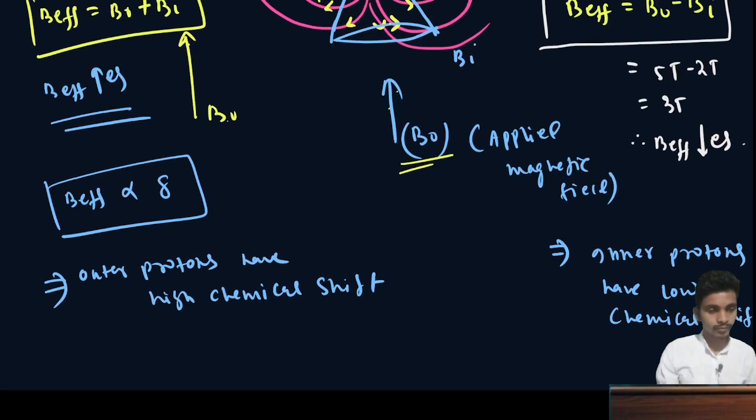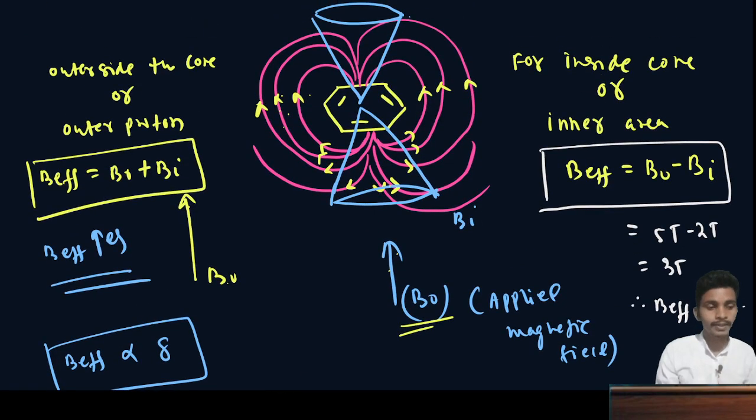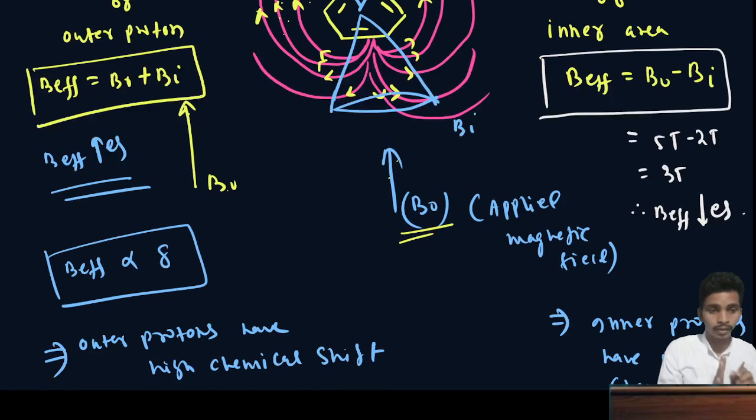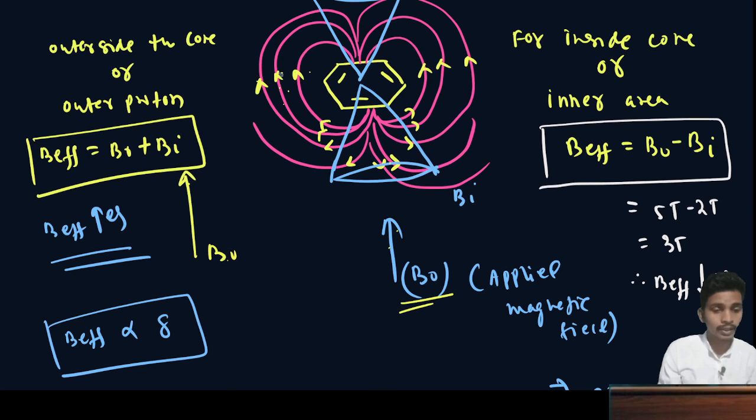Okay, so for aromatic systems, the protons that are outer protons, outside the cones, have high chemical shift. And interestingly, whenever you see aromatic benzene rings, all these protons are outside the cone, which means all these protons have high chemical shift.